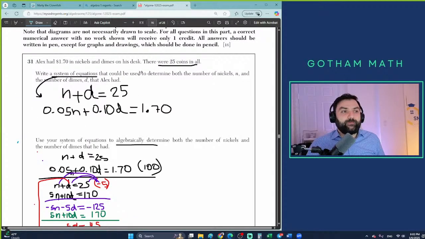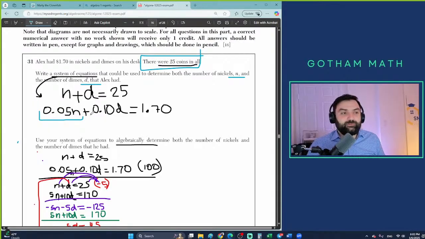Now, both of these equations are made based on two different things. How many coins? And don't forget to use N for nickels and D for dimes. So how many nickels plus dimes? 25 coins. How much money is that? 0.05. Well, I hope you know that a nickel is 5 cents.